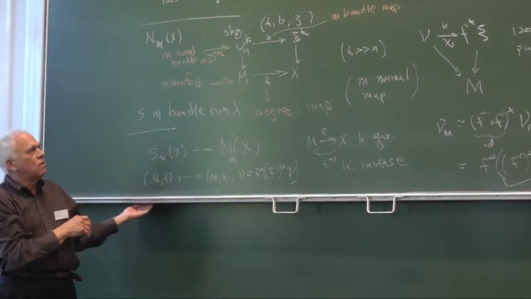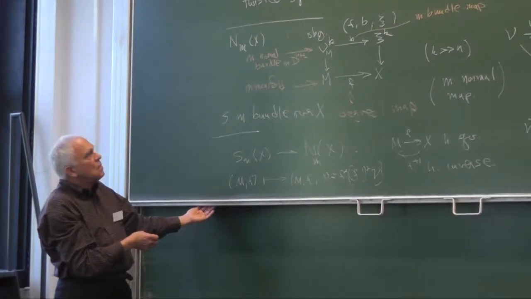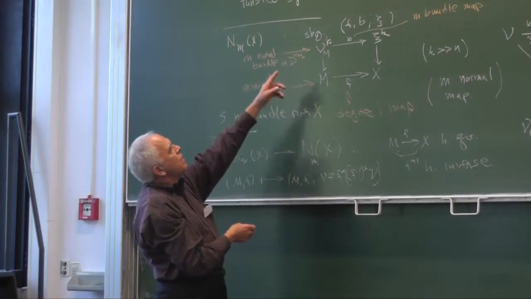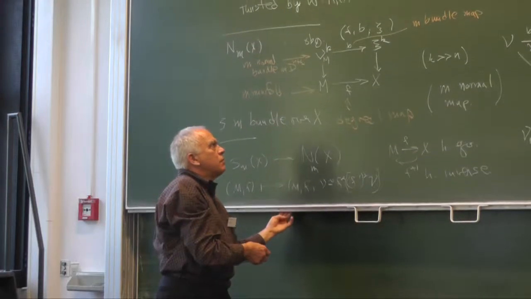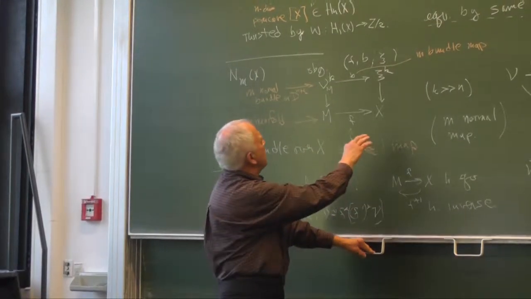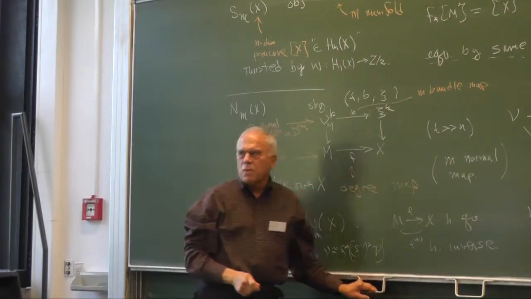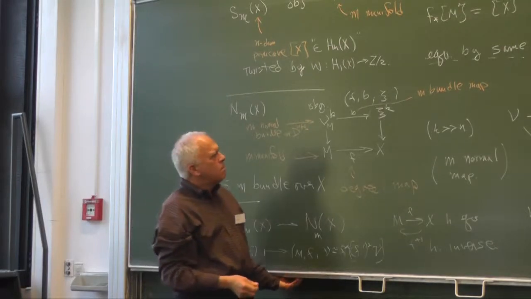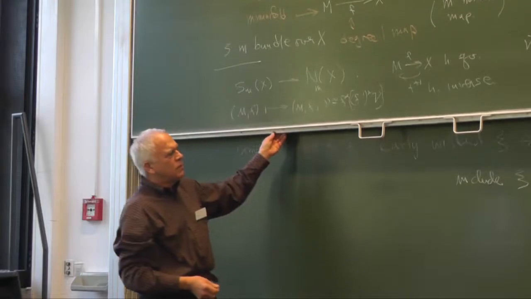There are actually 4 or 5 if you include homology manifolds and things like that. They all have the same surgery obstructions. The surgery obstructions don't depend on the category because the smoothness or PLness or whatever is incorporated in the bundle. So that makes it very much more uniform to have the bundle there.